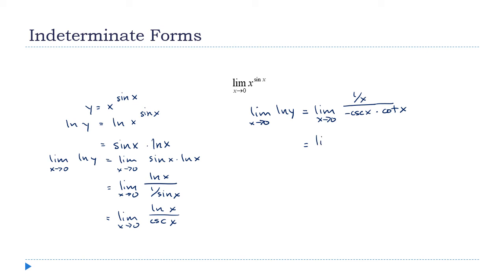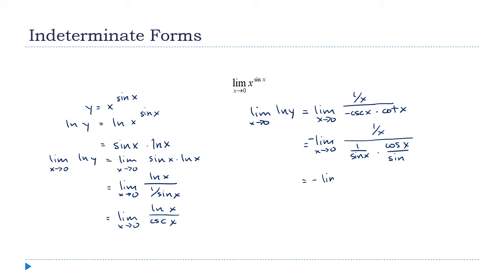I'm going to leave this the limit as x approaches 0 of 1 over x over cosecant, which is 1 over the sine. Cotangent is cosine over sine. Let's bring that negative sign out in front. Okay, so what is this then?